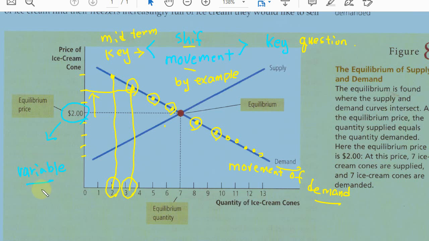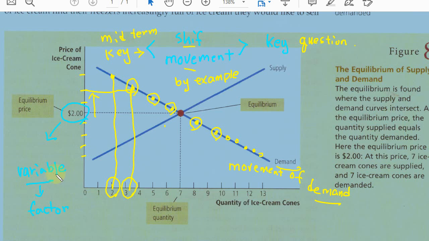In this case, pricing is what we call the variable, meaning the factor which makes an influence on demand. So price is a variable which influences demand.